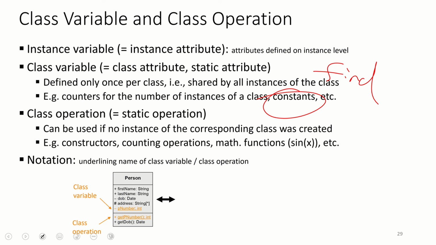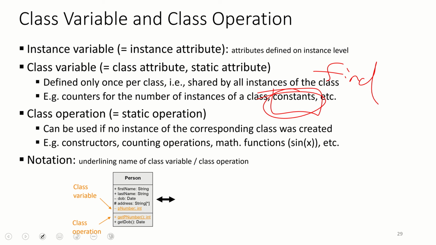For example, if you define pi in your class, the number pi is a constant variable, right? Because pi never changes. Or something like a currency rate. If you want to exchange a currency rate or some other rates, most of the time it won't change very much. Okay, so that's what we say is a class variable.